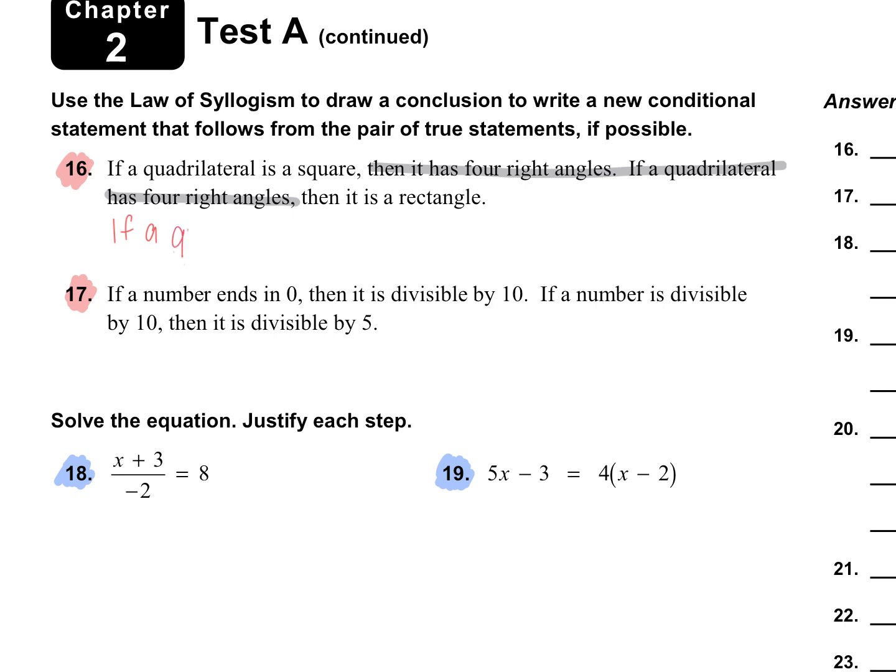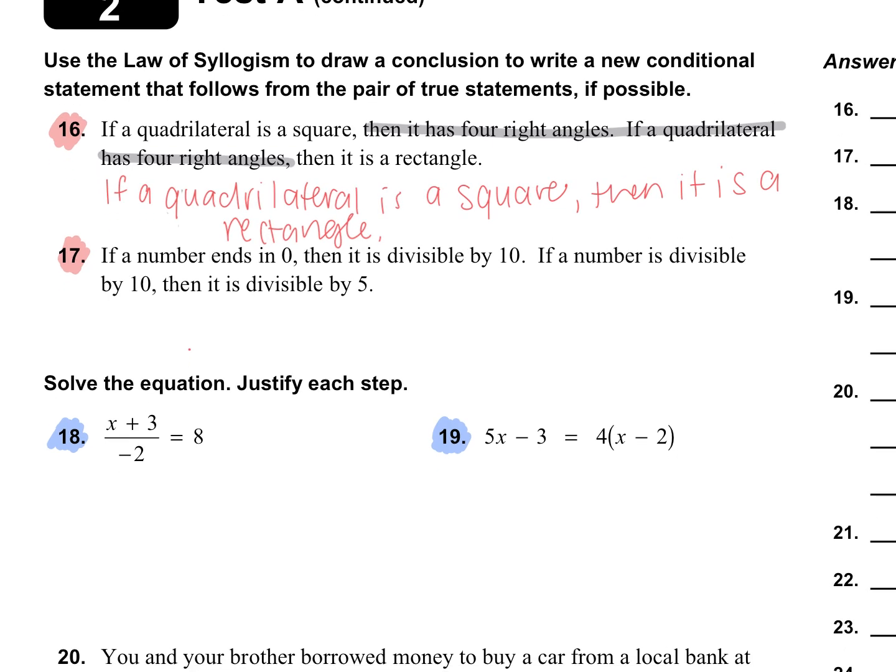All right, if a quadrilateral is a square, then it is a rectangle. All right, if a number ends in 0, then it is divisible by 10. If a number is divisible by 10, then it is divisible by 5.